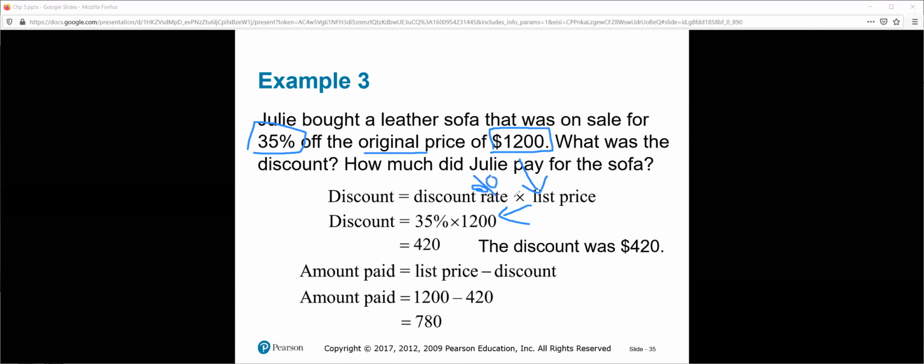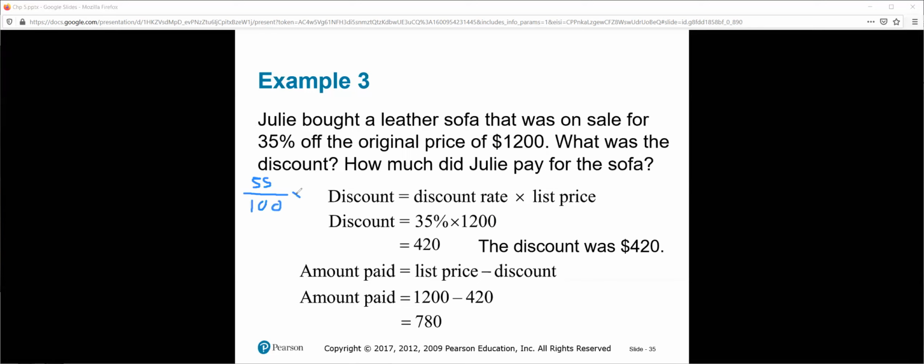I did that backwards, oh my gosh. Rate percentage. So the equation simply states, if we take our list price and we multiply by discount rate, we get our total discount. Because remember, 35% is 35 over 100.